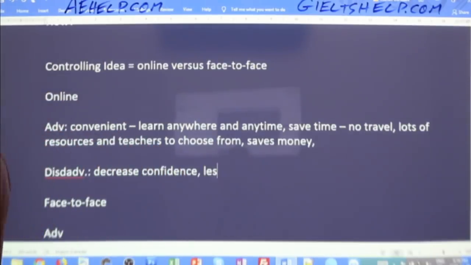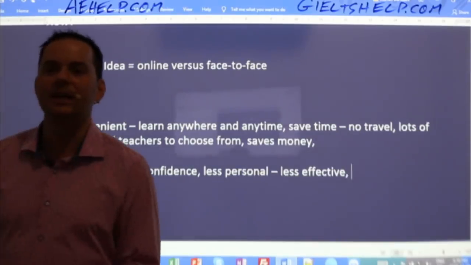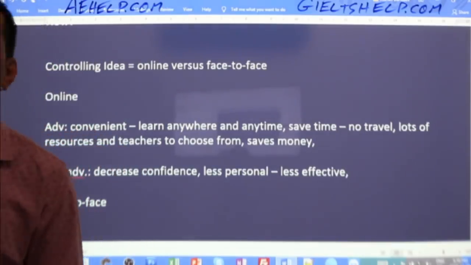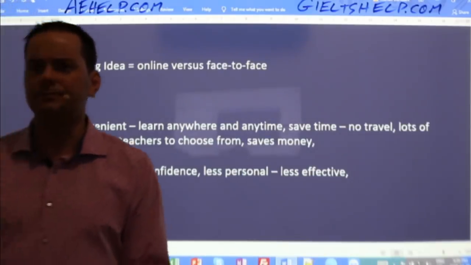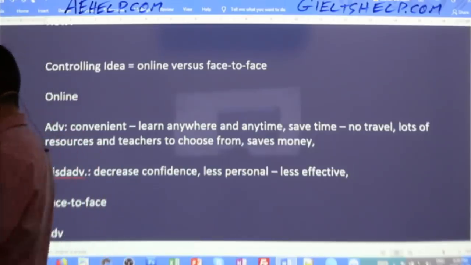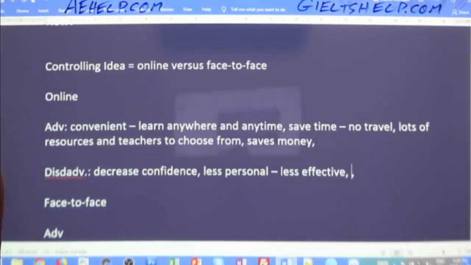Less personal, and because it's less personal, it can be less effective. Okay, we can get into why a little bit later. Less involved. Lack of emotion. Yeah, that's still in the same realm, right? And that's why it's less effective, because humans are very emotional. Lack of emotion, right? Less feedback.